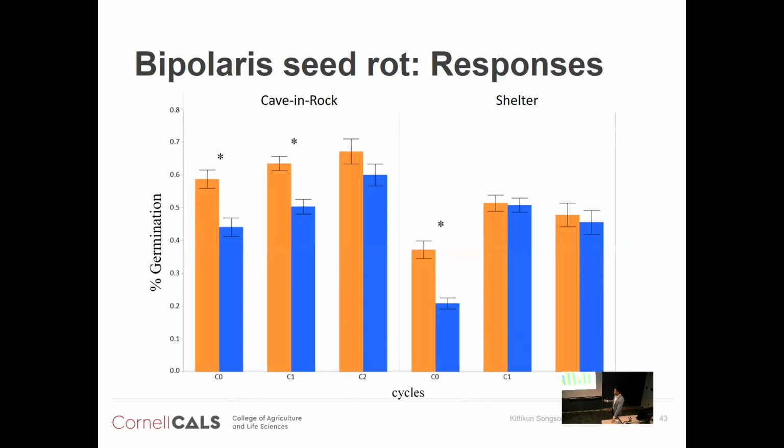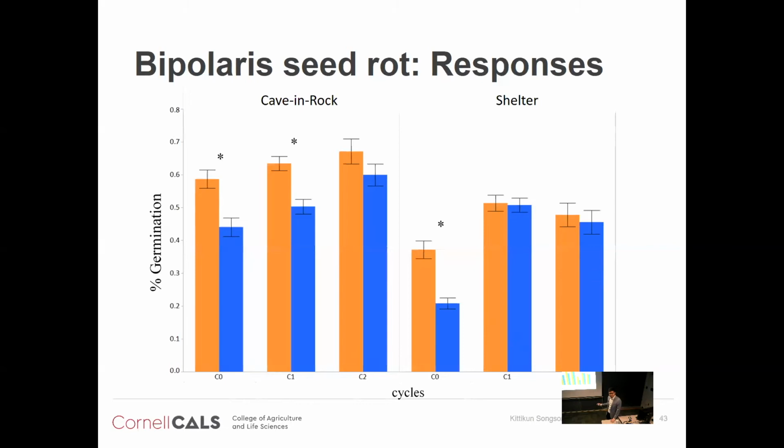But these differences were reduced to non-significant within cycle 2, which is good, you get a good result out of this. A similar trend also happens with Shelter: the base population has a significant difference between control and treatment, but within just one cycle of selection, that gap was no longer significant.